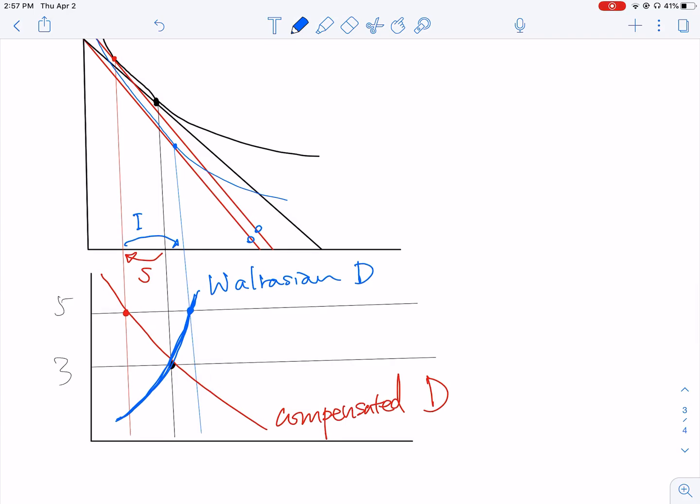What's going on here is that, so here, when income goes down, you're consuming more of the good X, right? And the increase of the consumption of X is huge, so the magnitude is larger than the substitution effect. And of course, the sign is the opposite.